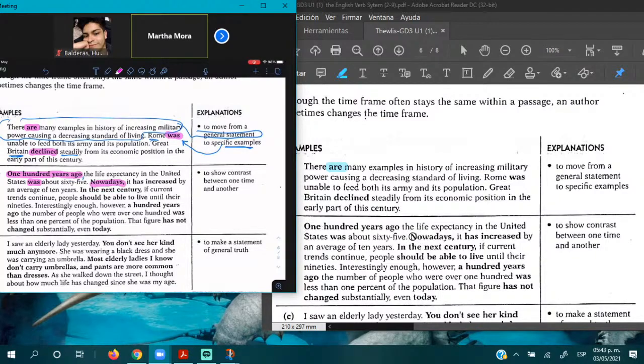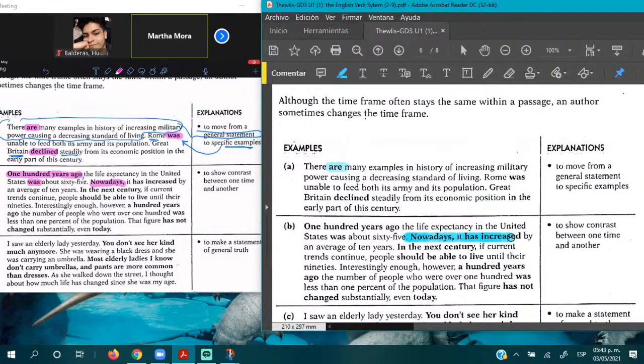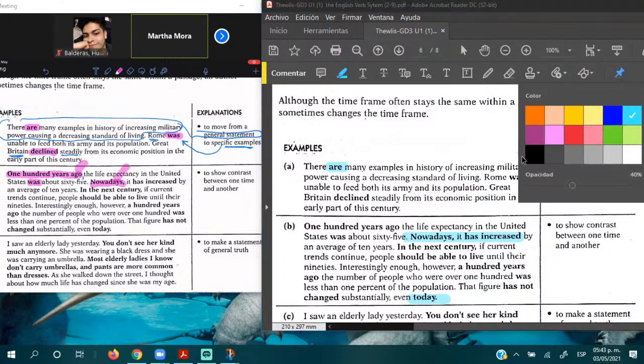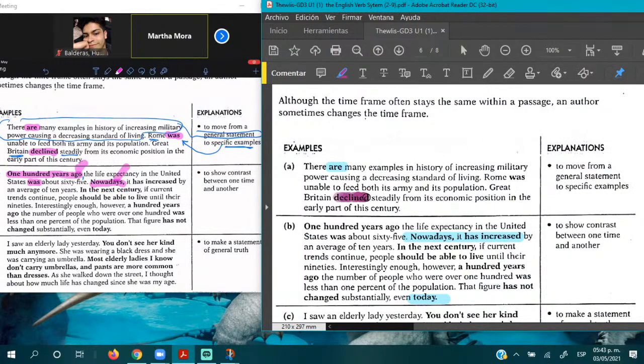And this is going to help me with my reader or with my interlocutor so that he or she understands that I'm going to change the tense because I changed from ago to today. And we change the tense.